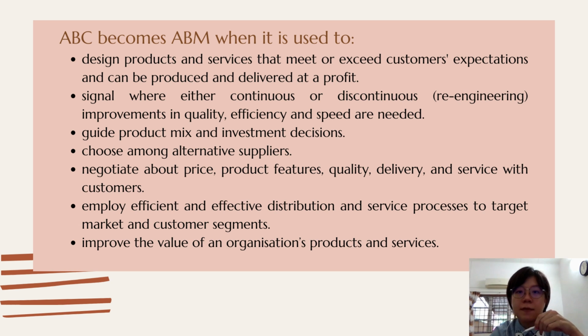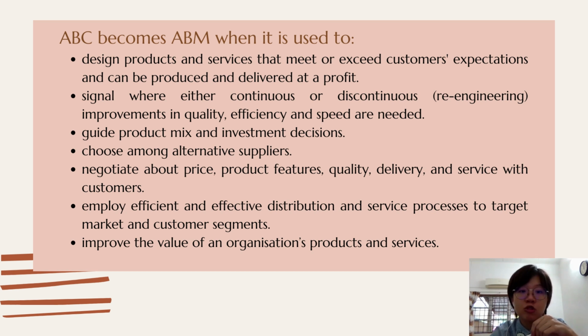Furthermore, ABC becomes ABM when, first, it's used to design products and services that meet or exceed customers' expectations and can be produced and delivered at a profit. The second one, when it's used to signal where either continuous or discontinuous improvements in quality, efficiency, and speed are needed. The third one is used to guide product mix and the investment decisions.